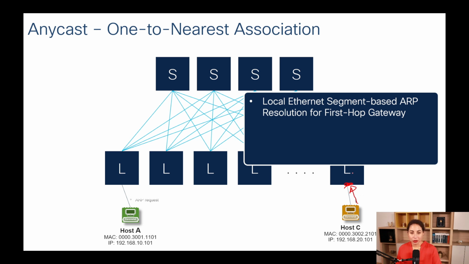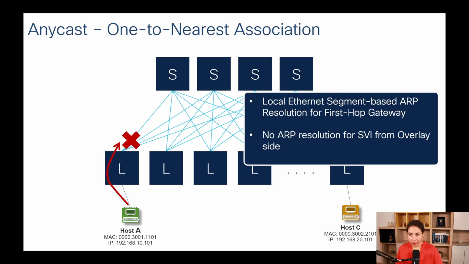There is absolutely no need to send it across the fabric. So the ARP resolution for the gateway is always local, to the nearest leaf. We never have any ARP request for the gateway going across the fabric.